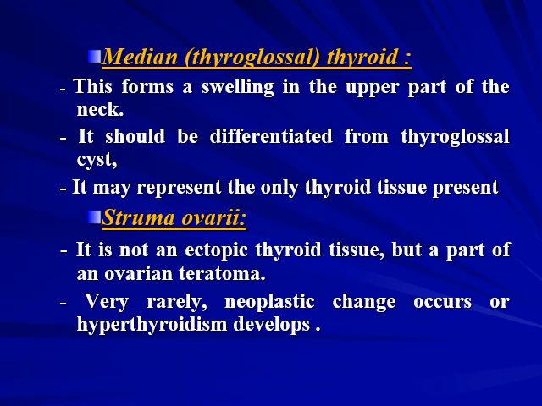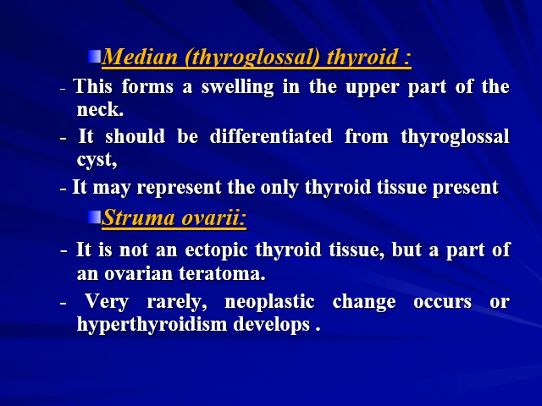So this patient will be presented with a mass in the lateral part of the neck. When this mass is biopsied, it will reveal papillary carcinoma of the thyroid gland. So again, lateral aberrant thyroid is not an ectopic thyroid tissue.